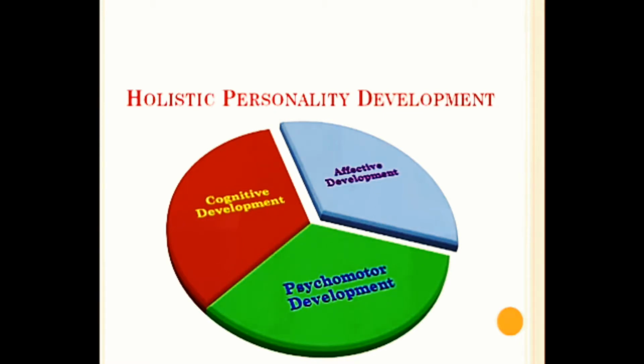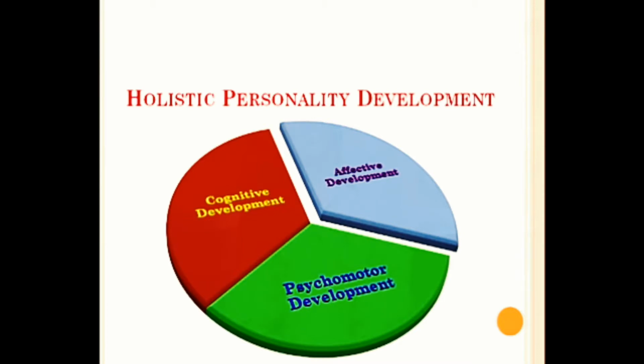There are three domains of an individual's personality: first is the cognitive domain, the second is the affective domain, and the third is the psychomotor domain of child personality. Now, these three domains are to be developed by the teacher, and the development of all these three domains covers the holistic personality development.